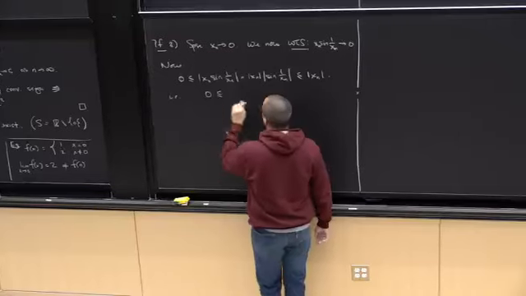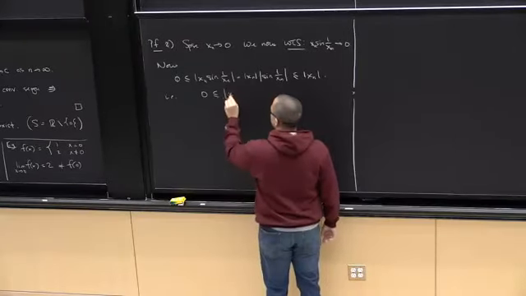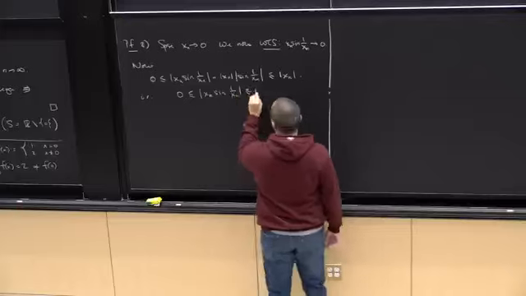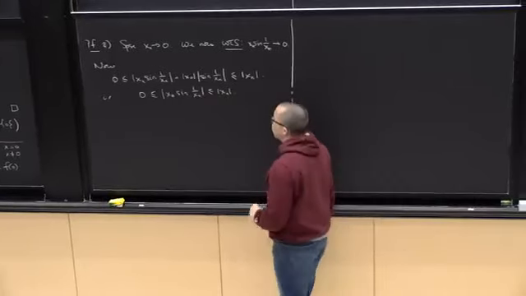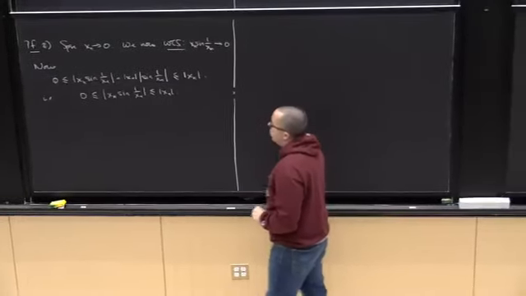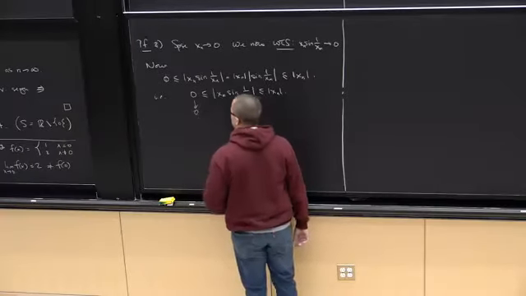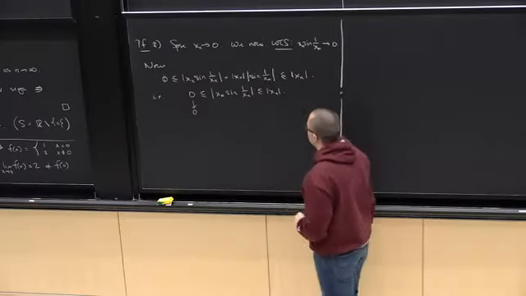So just to summarize, we've shown that... okay? And now we apply the squeeze theorem. So if you like, that goes to 0. It's just the constant sequence equal to 0.